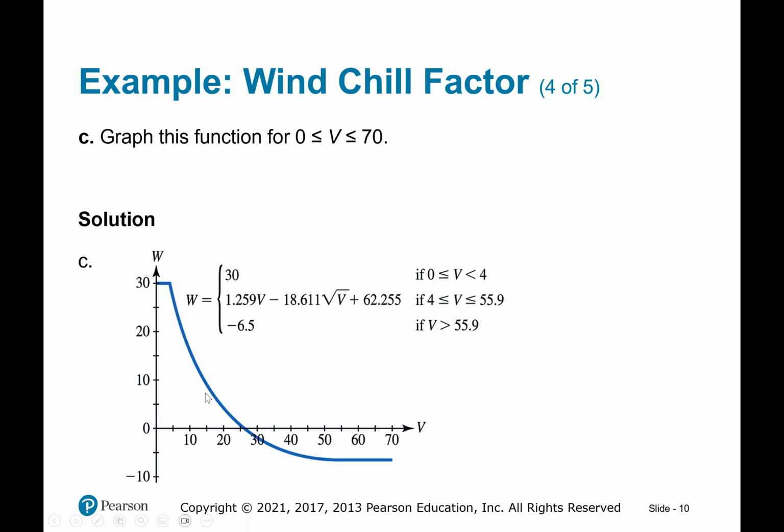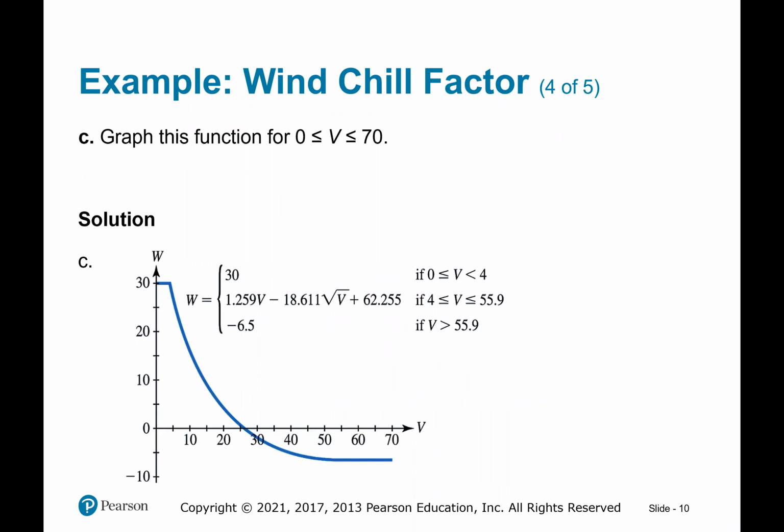How do you know if it's an open or closed dot? It depends on if it has the equal or not. So for this particular one, because we have b is greater than or equal to 0, on the left-hand end at 0, it's a solid dot. The right-hand side is less than 4.